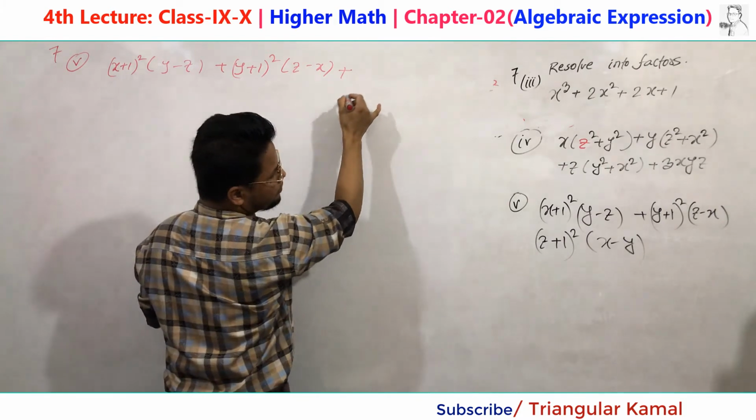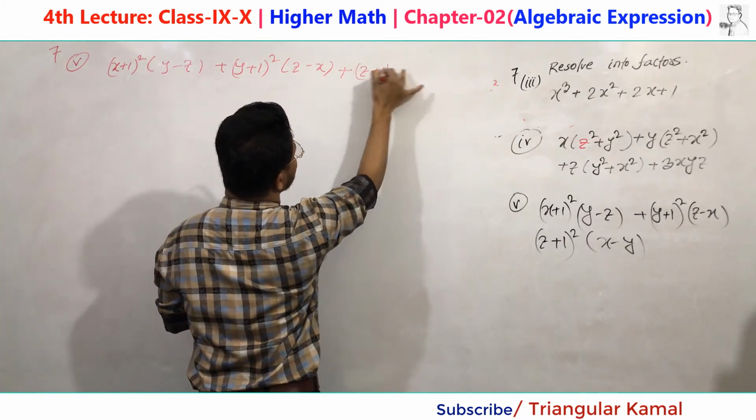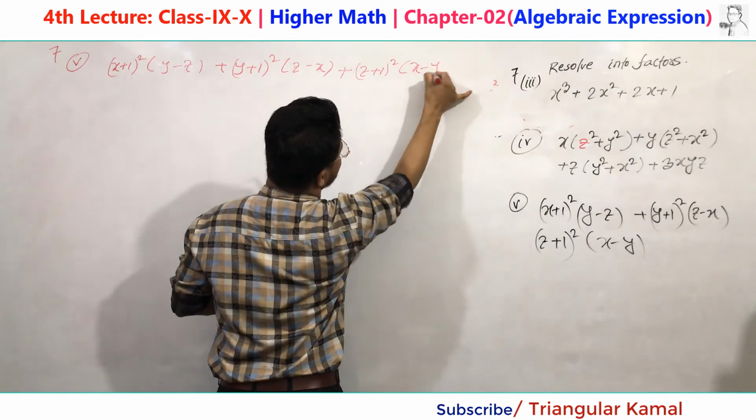The final one, z plus 1 square multiply with x minus y.